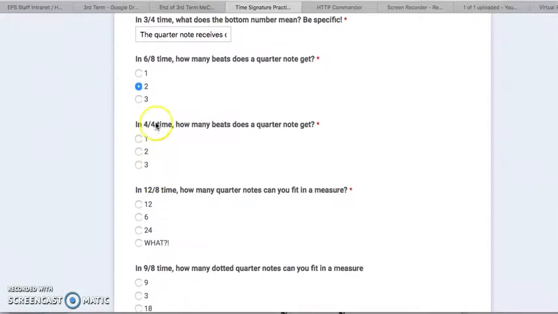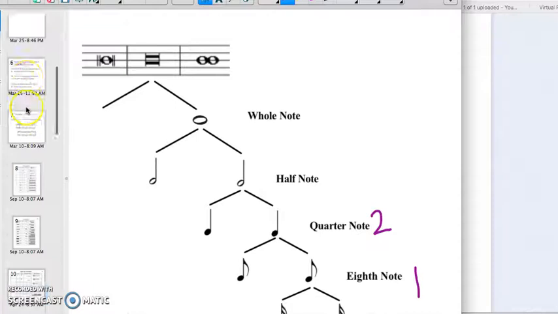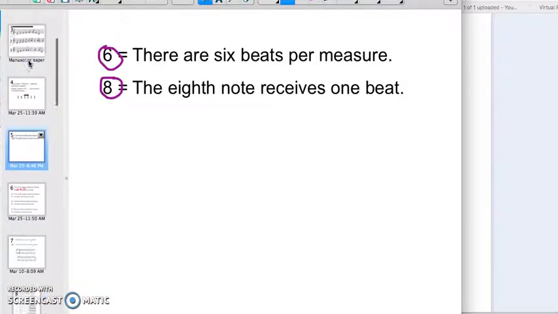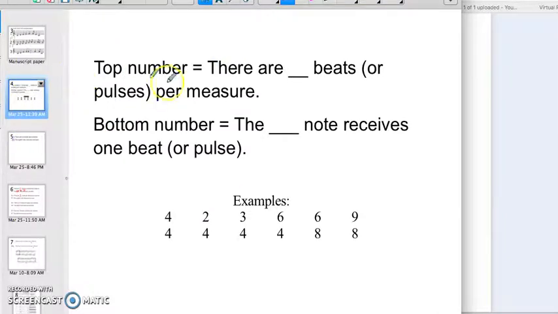Next question is, in 4/4 time, how many beats does a quarter note get? In 4/4 time, going back to our formula, the top number, there are 4 beats per measure. Here's my 4/4 time signature right here. There are 4 beats per measure, and now this time the quarter note.